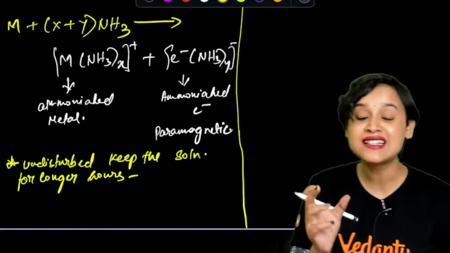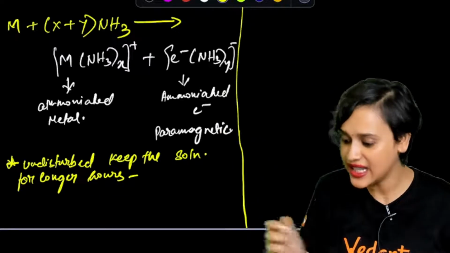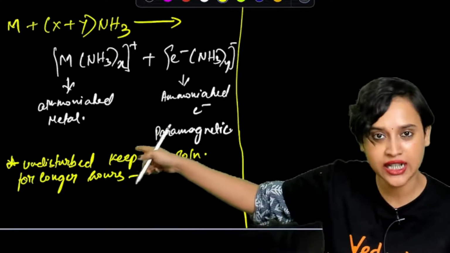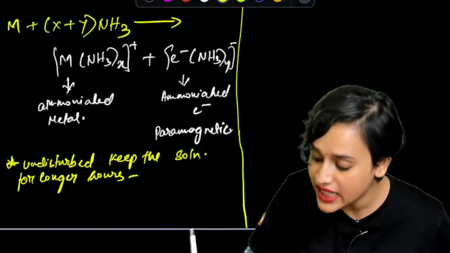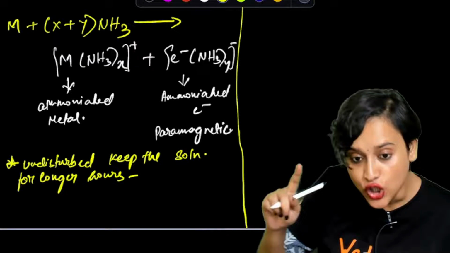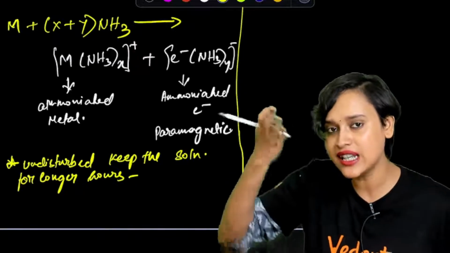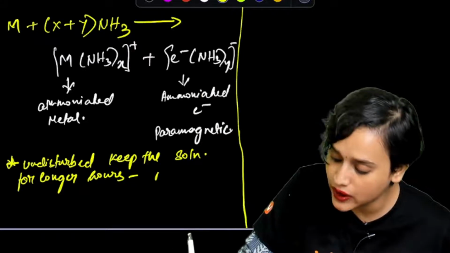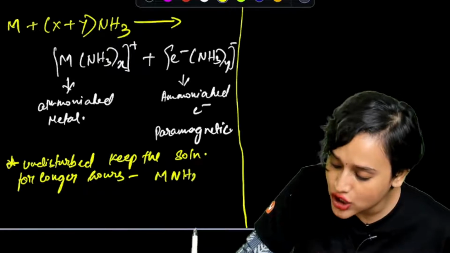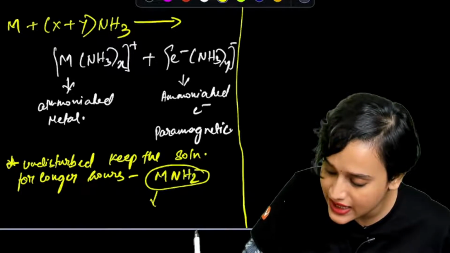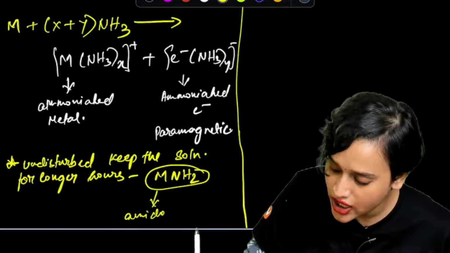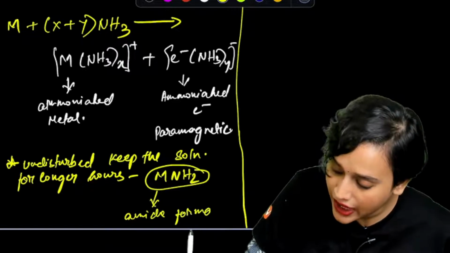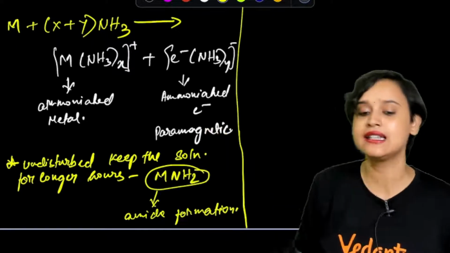You will see that there is amide formation. I just told you it forms ammoniated metal. This ammoniated metal will lose H from NH3 and form MNH2, which is nothing but amide formation. Is this clear?